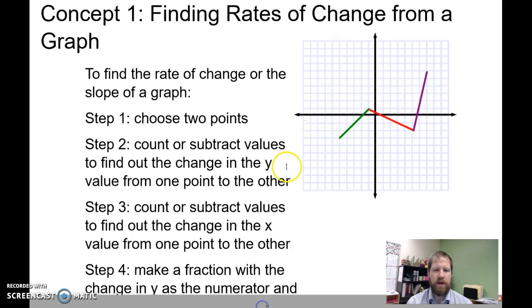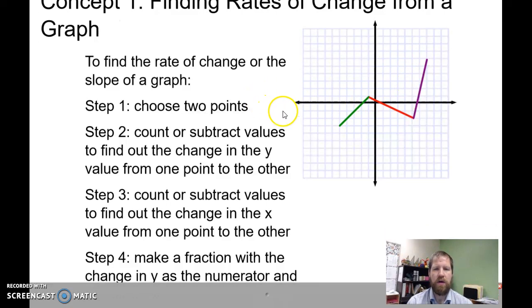So hopefully we are familiar with finding slope when we have one continuous line. But if we have a broken graph, or a graph that's not linear, so it's got different rates of change for different parts of the graph, we need to know how to find the slopes or the rates of change for those certain sections.